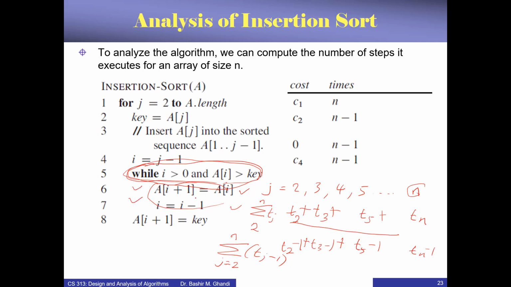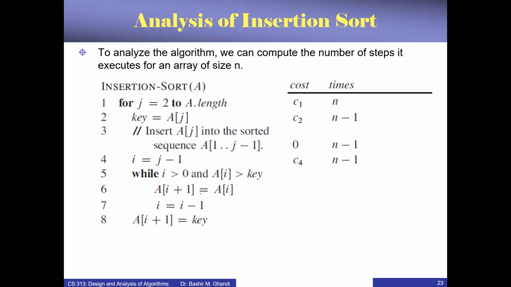All right, and therefore in our table here, this is what we put: this statement will cost a constant time, call it c5, but it will execute the summation of tj for j from 2 to n. All right, the statement number 6 is similar.